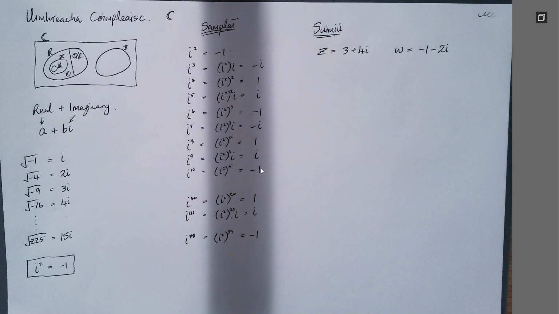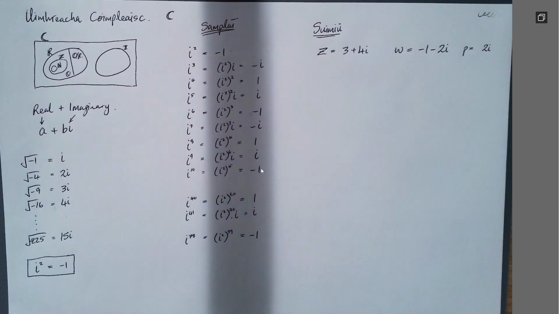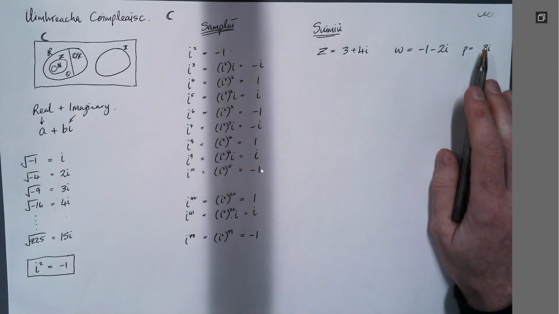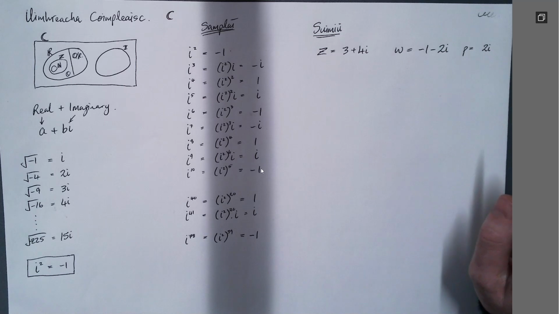Well, the real part is 0. Your real part is 0 because you can see it as 0 plus 2i. Do you get it? Because there is only 2i, your real part is 0, your imaginary part is 2. Okay?